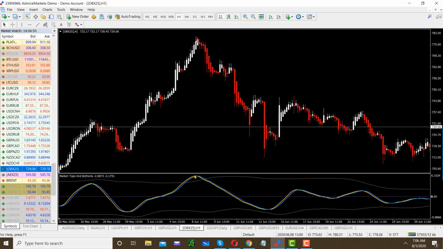That's because it never actually closed. In other words, you have to have a close, like a crossing of the two lines here, to have an arrow print. So it can be temporarily, maybe intrabar, the line crosses and prints an arrow. So sometimes what I'll do, just to double check, when a bar closes, I will refresh the screen just to double check that the arrow sticks, okay?